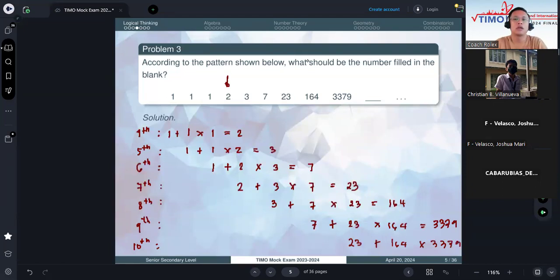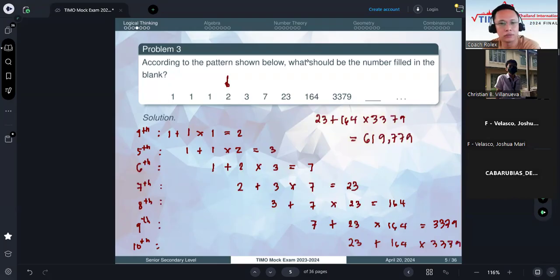That would be our last term. So simplify this one, 23 plus 164 times 3379. And you will get 619,779 as your final answer.